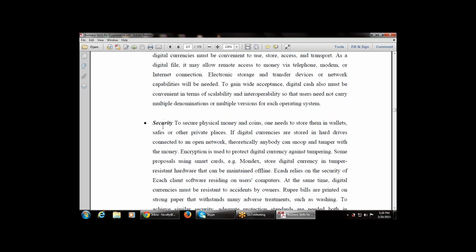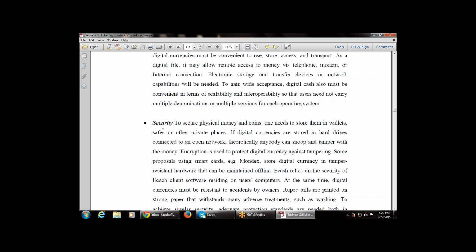To secure physical money and coins, one needs to store them in wallets, safes, or other private places. So whenever I want to save money, I can keep it in a wallet, in a purse, in a safe, or other private places. If digital currencies are stored in hard drives connected to an open network, theoretically anybody can snoop and tamper with the money.